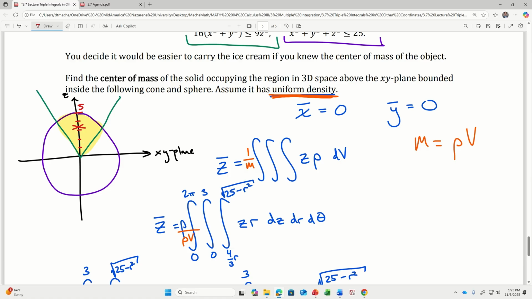If I found something that was outside of my solid, like something that was too high or too low on my z-axis, that would be a little bit concerning, but that's right there in the middle, and so I think that's true. So I think my center of mass has coordinates 0, 0, 3.375, right? 27/8.